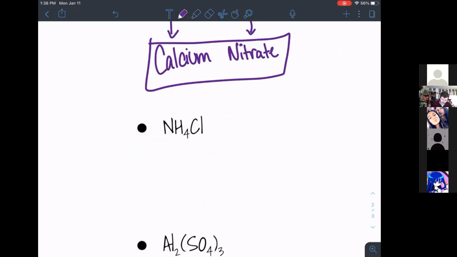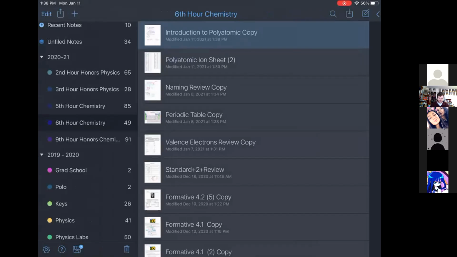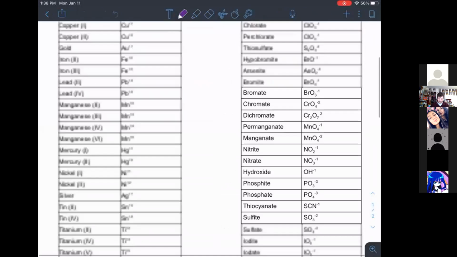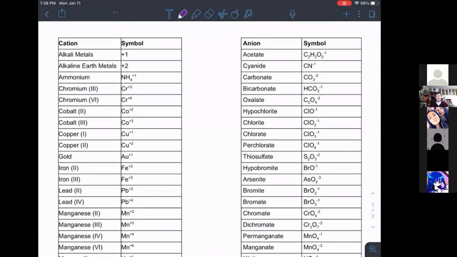So it can either be NH4 or it can be H4Cl. We need to determine which one it's going to be. So let's look at our polyatomic ion sheet and look for NH4 or H4Cl, and tell me when you see it.